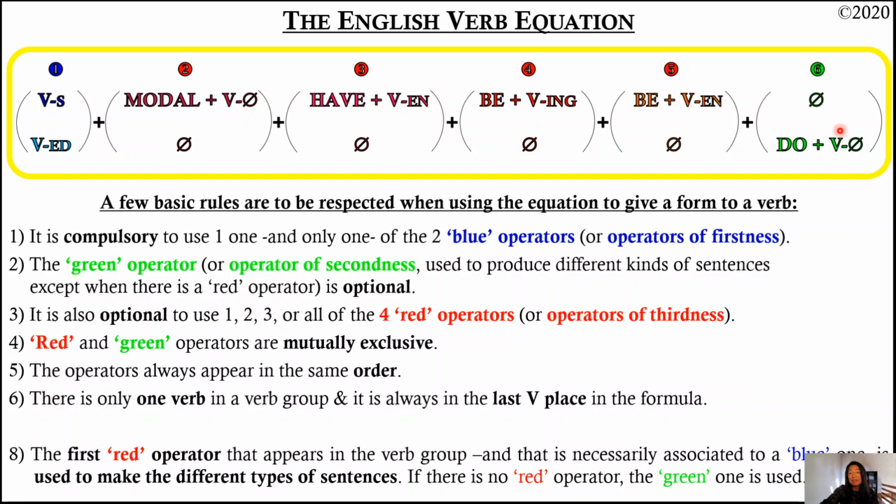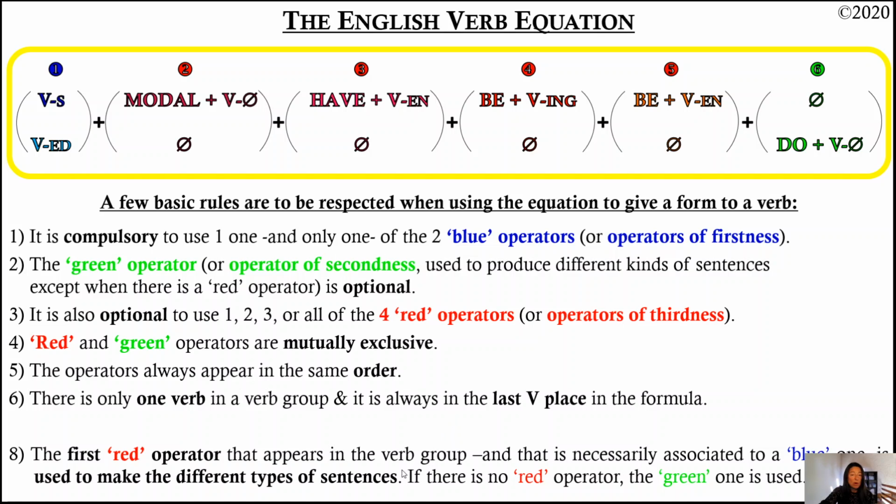Actually, there are 6 V places. And obviously, in a verb group or a verb phrase, that's the same thing basically, there is only one verb. And that one verb always appears in the last V place in the formula.